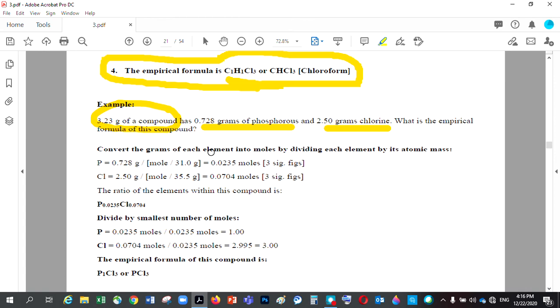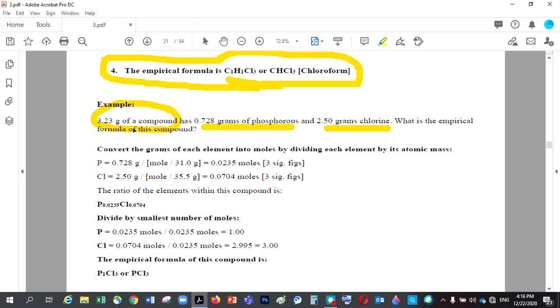The whole idea of the empirical formula is to make the ratio among the moles. So our goal is to get the number of moles of each element by itself, compare those numbers of moles, and divide by the smallest number of moles to get the ratio of the moles of these elements within the molecule.